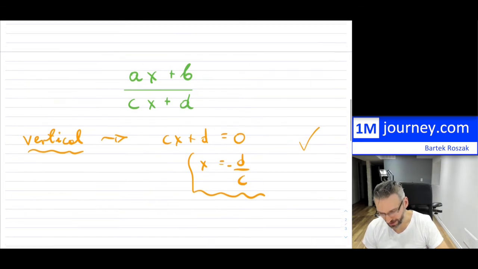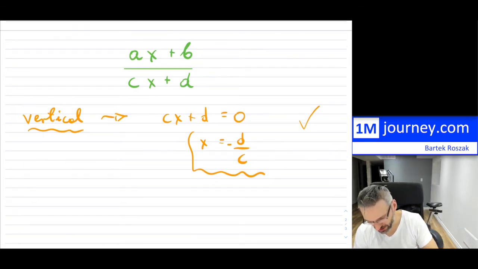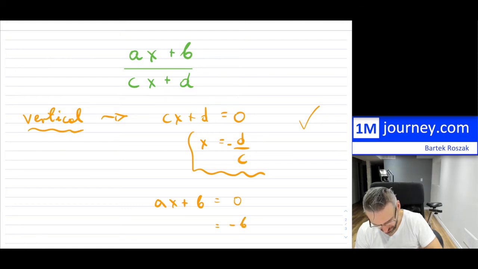Now, what happens if I take the numerator ax plus b and set it equal to 0? Then I get negative b over a is equal to x.